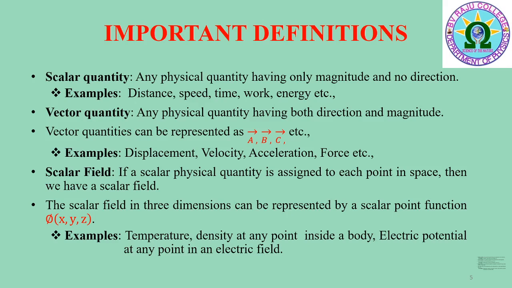Examples: the temperature inside a body, at every point the temperature changes. That means heat flows from one point to another point in different directions. The temperature is a scalar quantity, a scalar field. Another example of scalar field is density, the density at any point inside the body. And another example is electric potential at any point in an electric field.